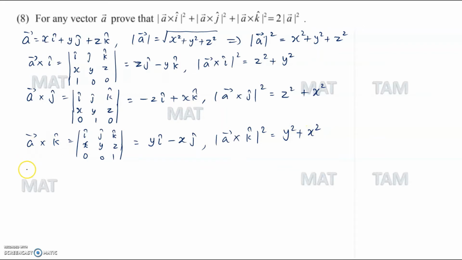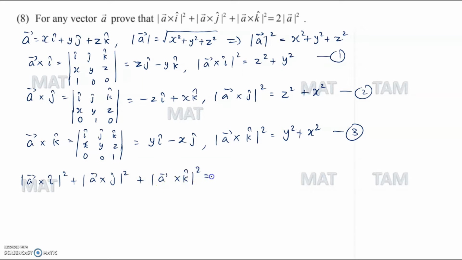So adding 1, 2 and 3, we can say A vector cross product with I cap squared plus A vector cross product with j cap squared plus magnitude of A vector cross product with k cap squared will be equal to z squared plus y squared plus z squared plus x squared plus y squared plus x squared, and that is equal to 2 times x squared plus 2 times y squared plus 2 times z squared.